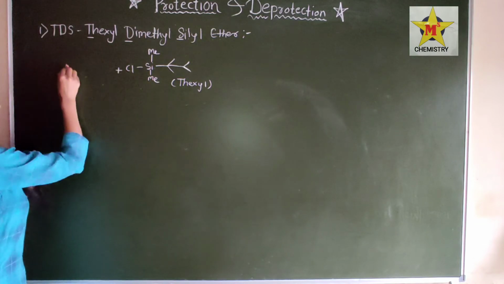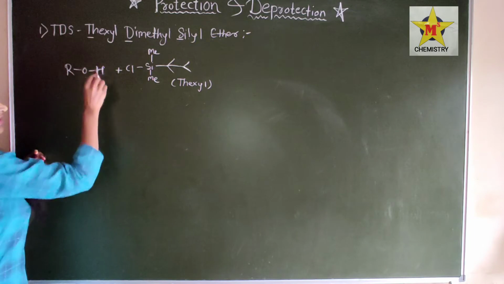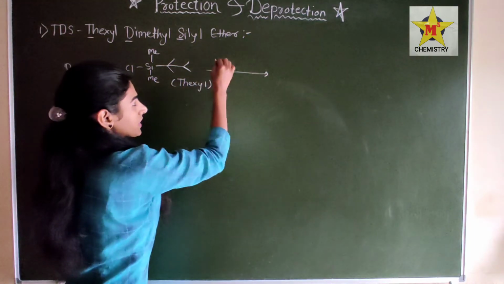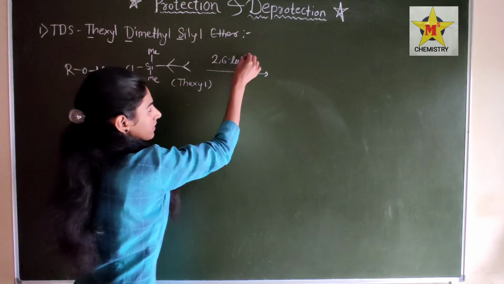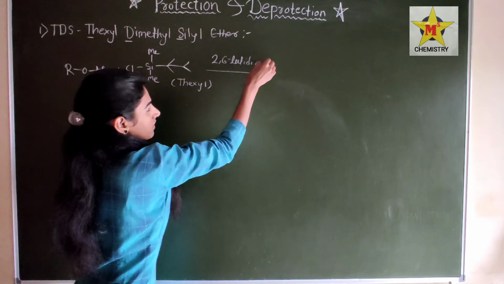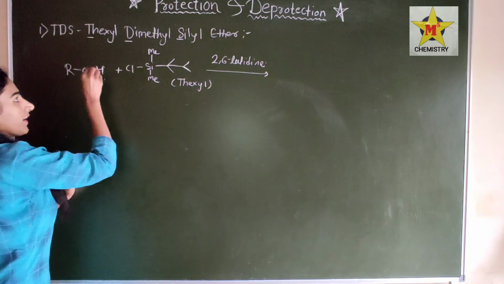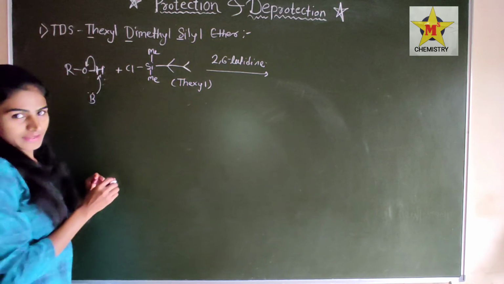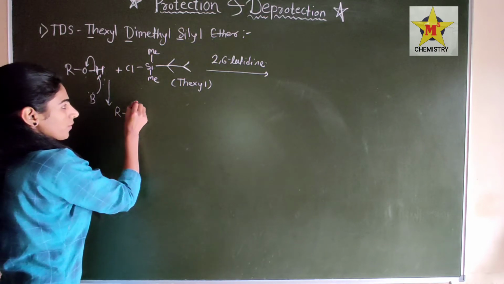If we add this to the alcohol functional group in the presence of a base like 2,6-lutidine, this base will abstract the proton and it will become RO minus.